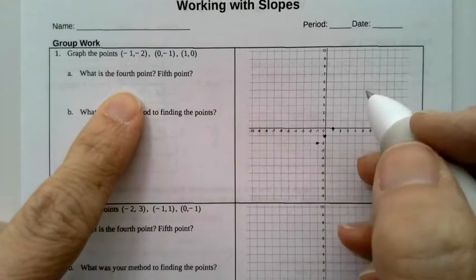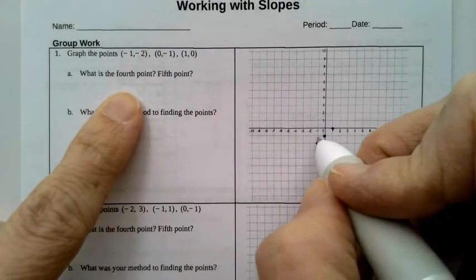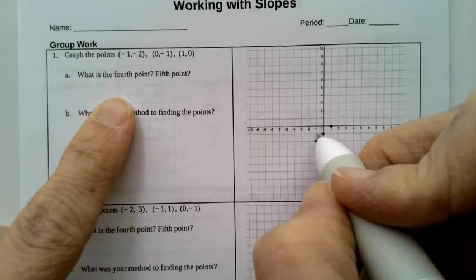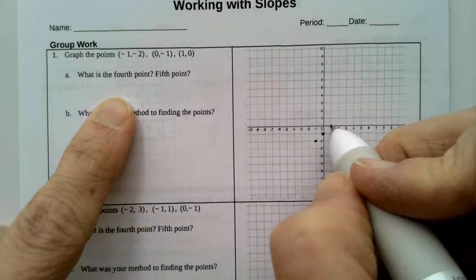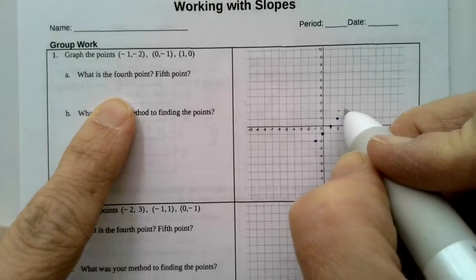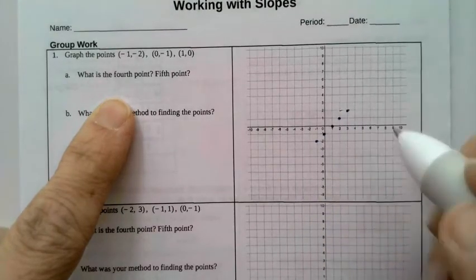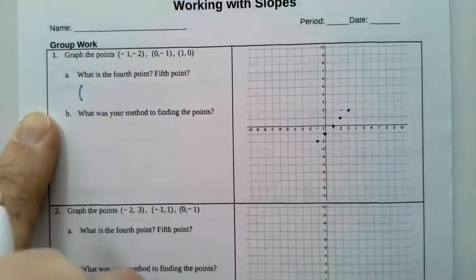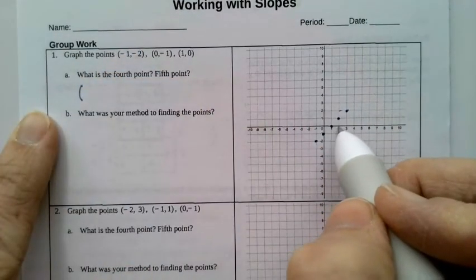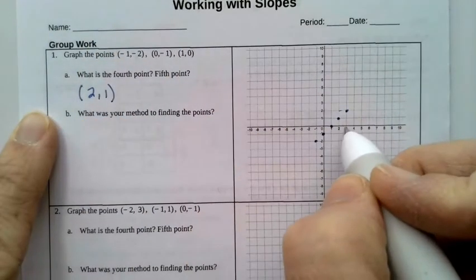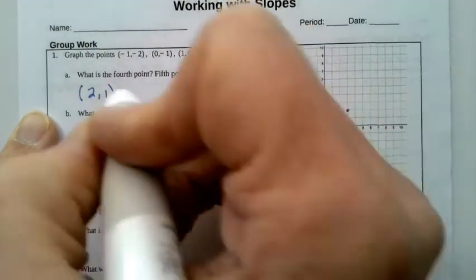So we're going to continue going to the right. And what's happening in our table, in our graph, we are going up 1, over 1, up 1, right 1. So the next one would be up 1 to the right 1, and up 1 to the right 1 to find our other points. Those would all fall in line there. So our additional point would be, this point right here is over 2 and up 1. And this point is 3, 2.